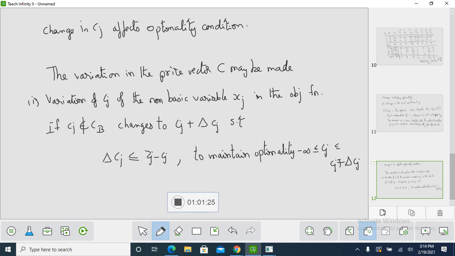Note, there is no lower bound to delta Cj.